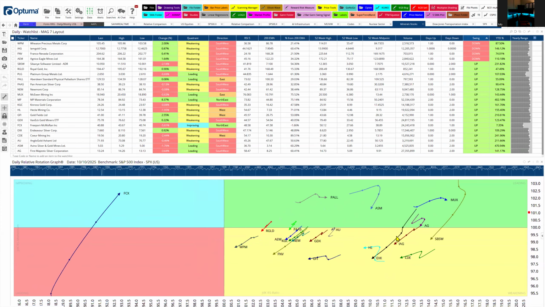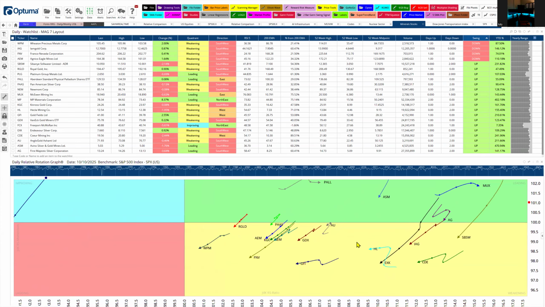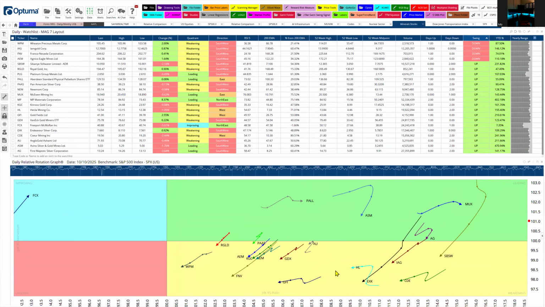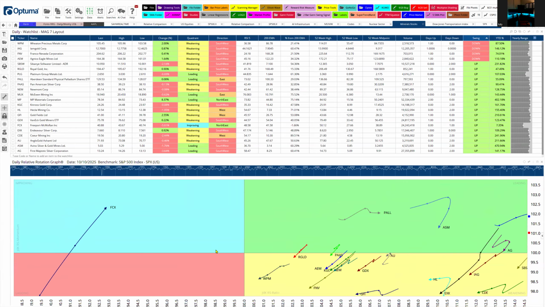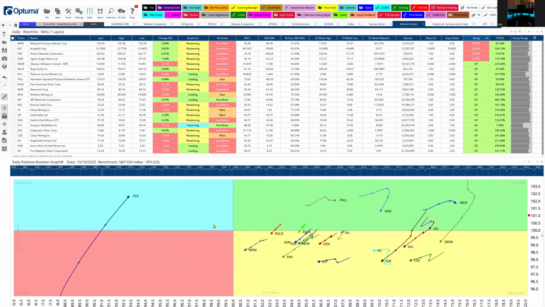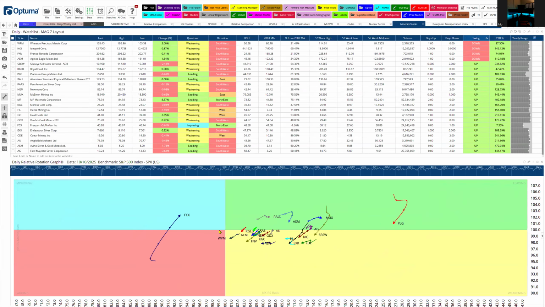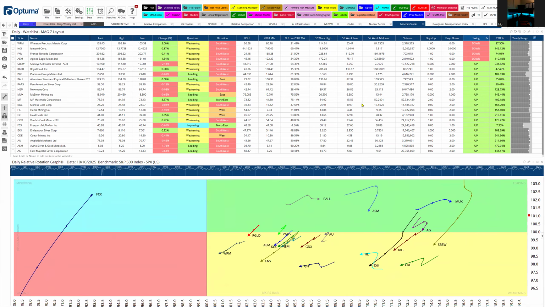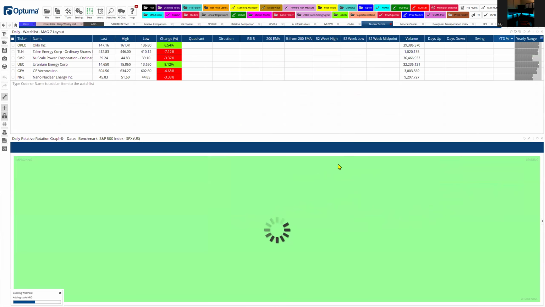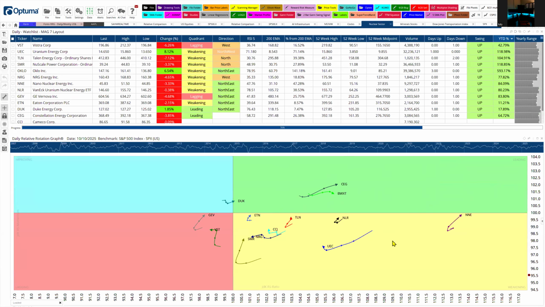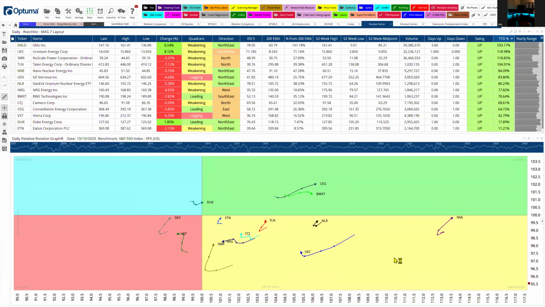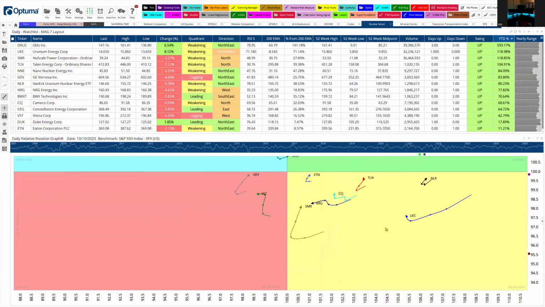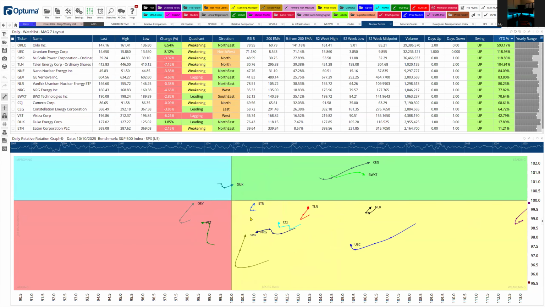Oh yeah, you see, a lot of them are starting to take a breather now, except for FCX, which is trying to recover. The rest of them are, you see, down just because the earnings are coming as well. The nuclear stock is okay. Nothing really attractive.